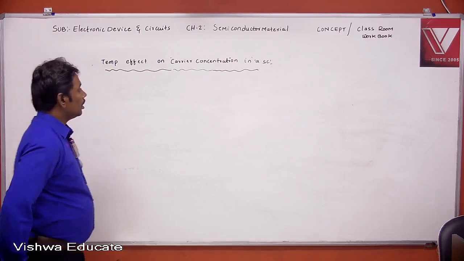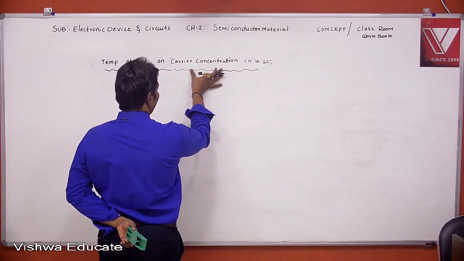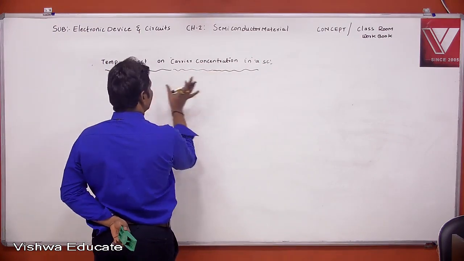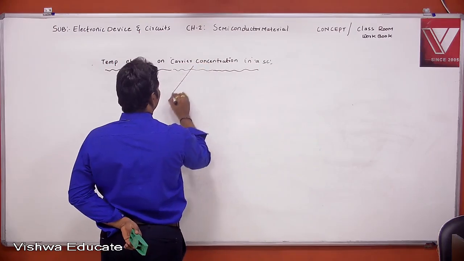So now, see here how carrier concentration is affected due to temperature in a semiconductor. In a semiconductor, we have two types of carrier concentrations.